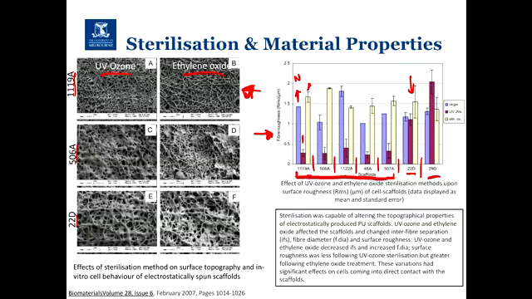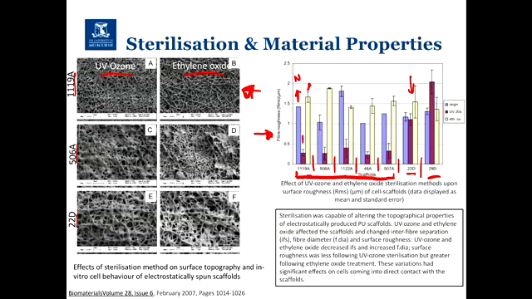And then with this one, the UV significantly increased the surface roughness. I've said before in some of the other lectures, surface roughness is one way you can change how cells interact. Rather than showing you a whole lot of the data, because a lot of it is just graphs, not nice pictures, and once you've looked at one, you've looked through them all, the bit in the square is the summary of what they found.